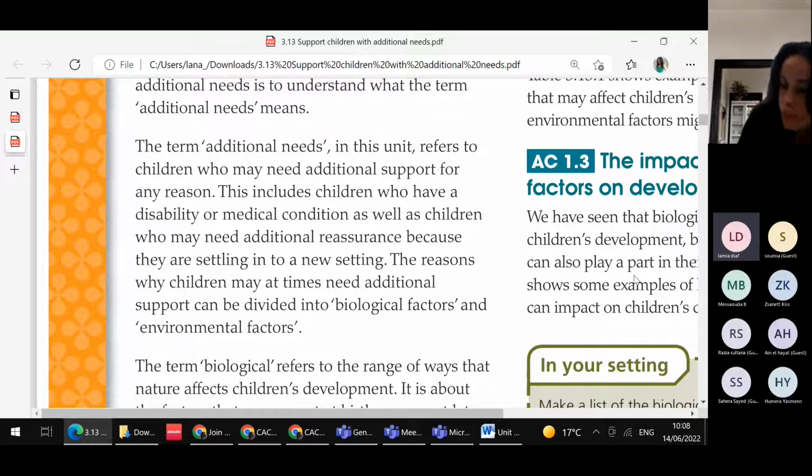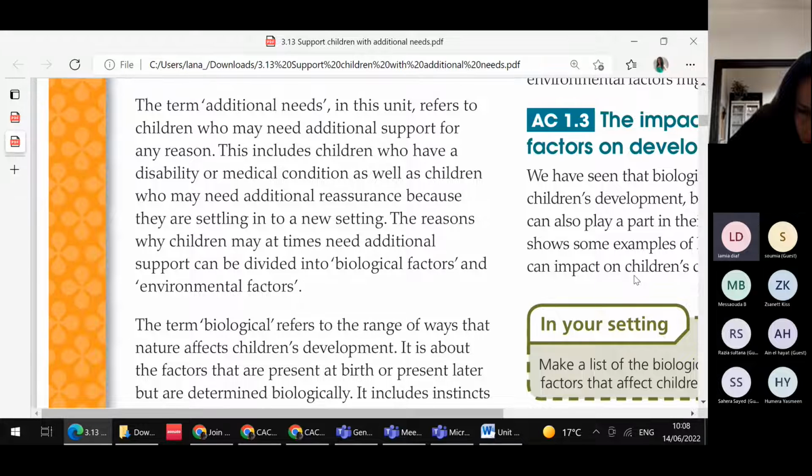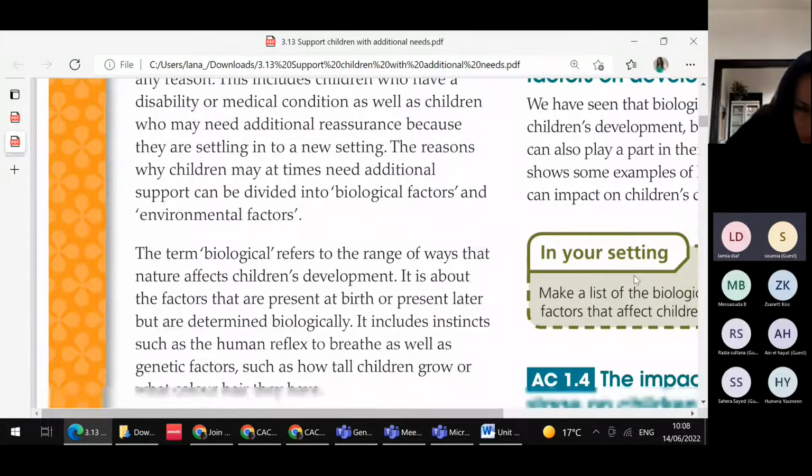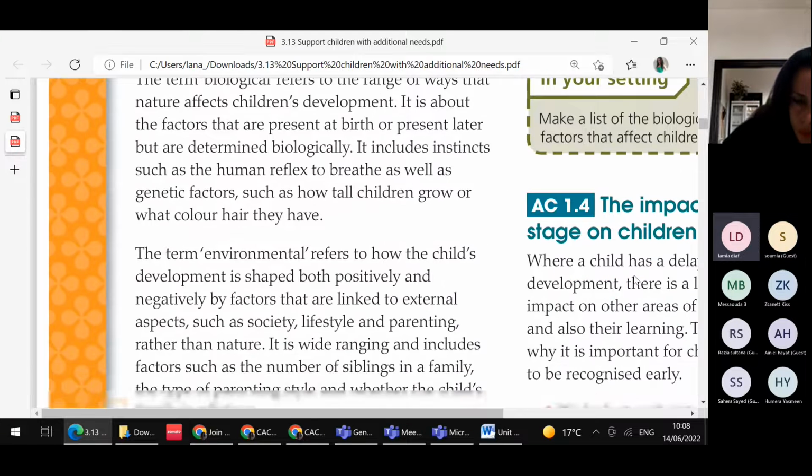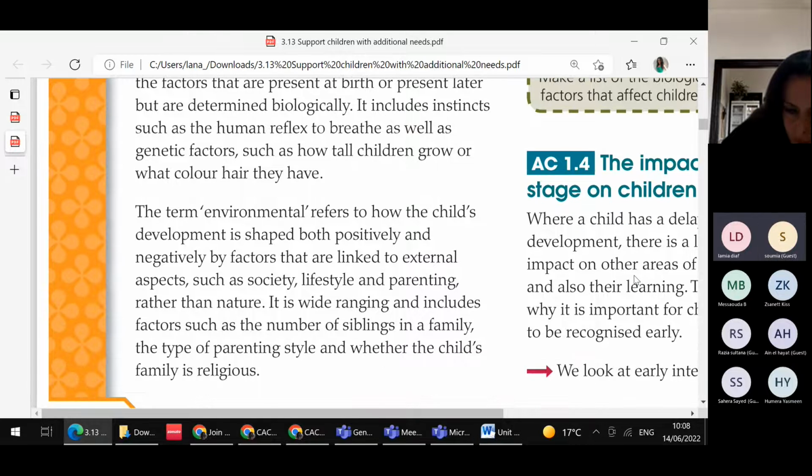Biological is when children were born with special needs, like ear problems or eye problems. Environmental is when the environment affects them, gradually with age they will have needs, for example language. Excellent, that's perfect.